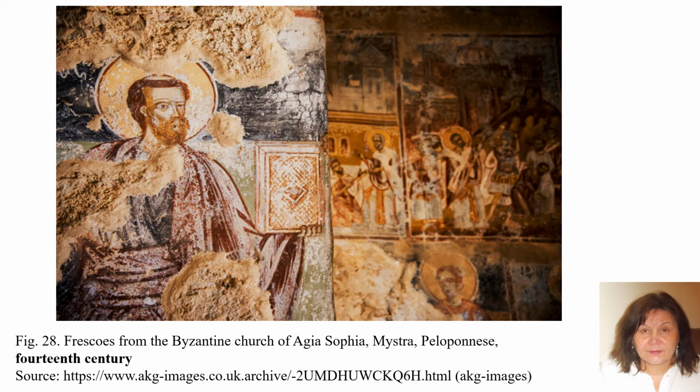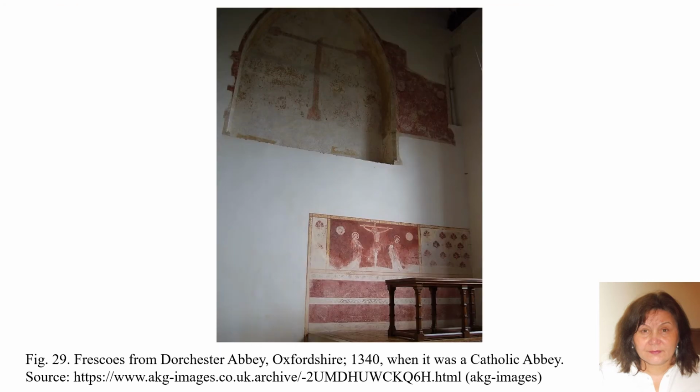Maybe surprising, that is my own contribution. I hope I'm right. I could say that the Paleologan period has a corresponding stage in the art of the British Isles. For example, this is the case with the decoration in Dorchester Church, which later became an abbey.